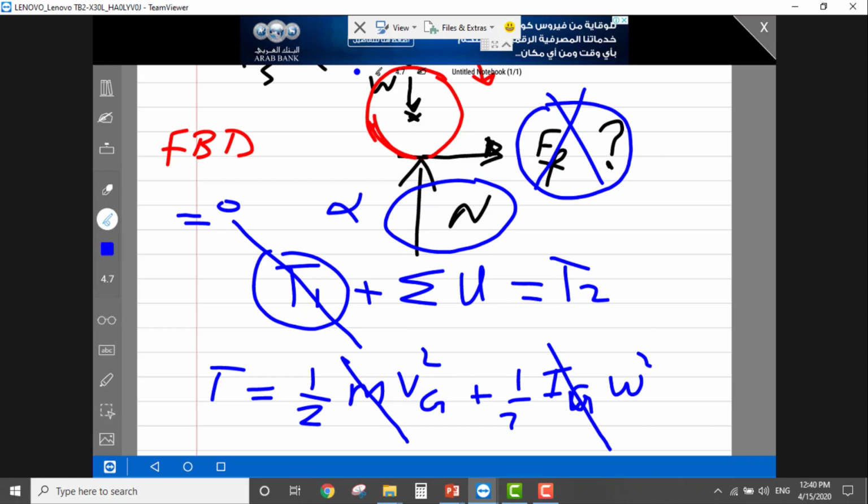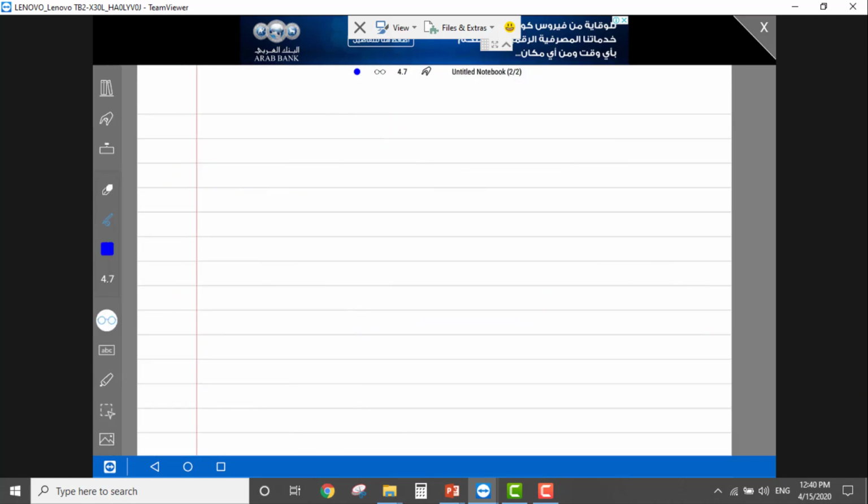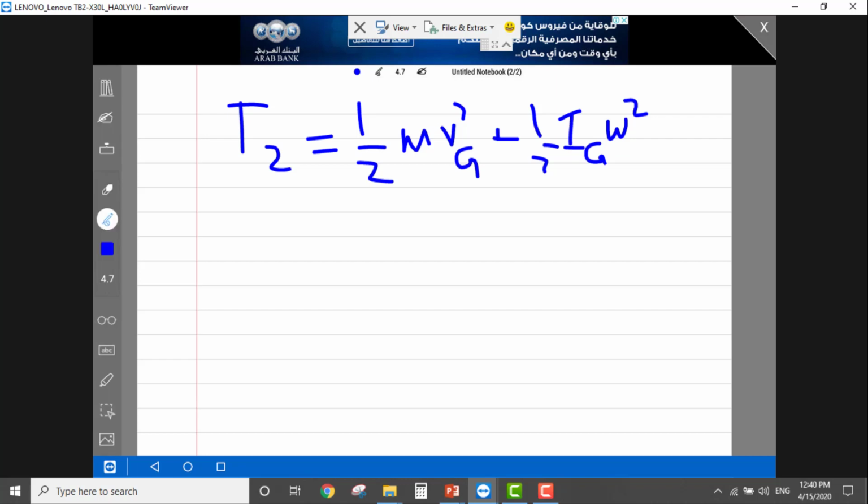So let me substitute T2. T2 is equal to half m vg squared plus half Ig omega squared.